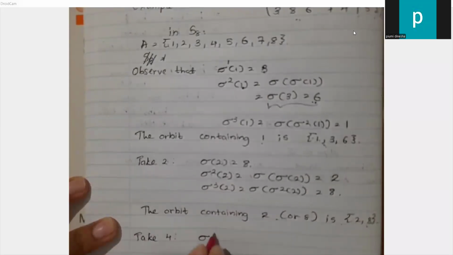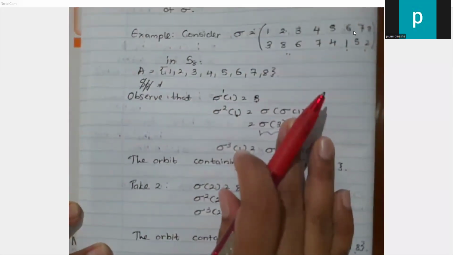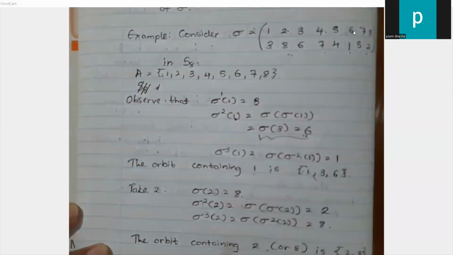Let's go with 4. We have sigma of 4 equal, if you go to this function over here, 7, right?